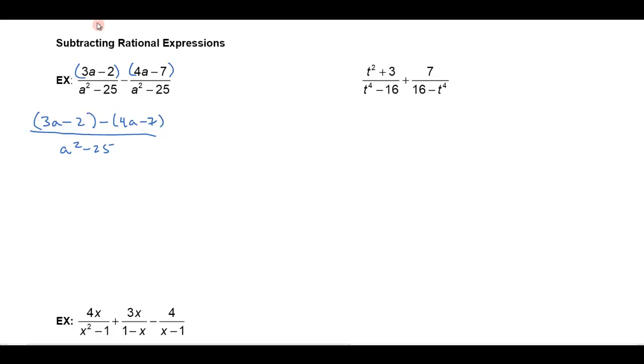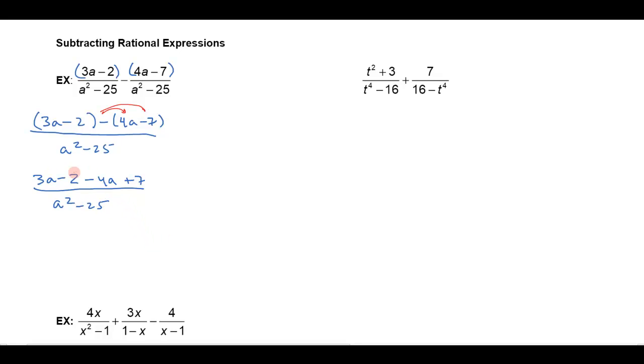I have to distribute the minus sign both to the 4a and to the negative 7. So that's going to give me 3a minus 2 minus 4a plus 7 all over the a squared minus 25.